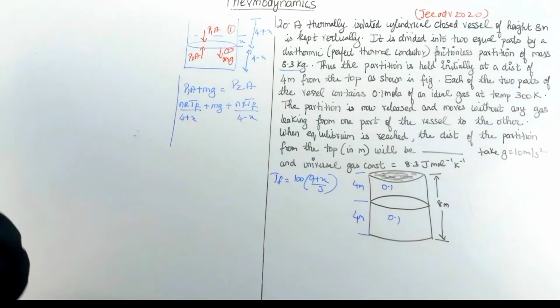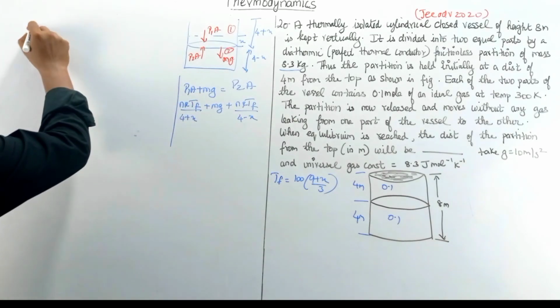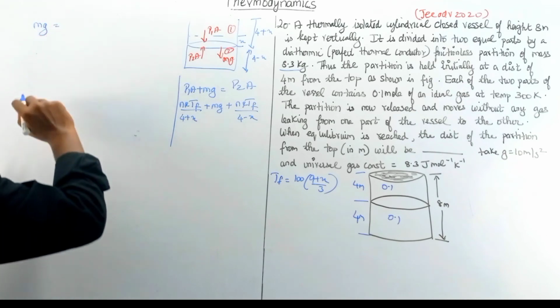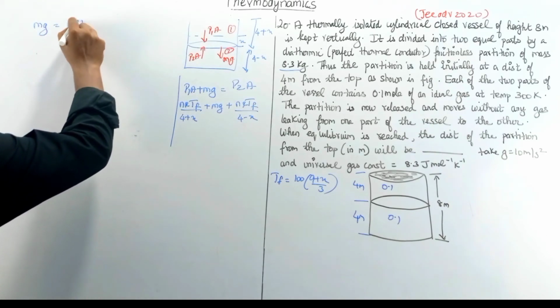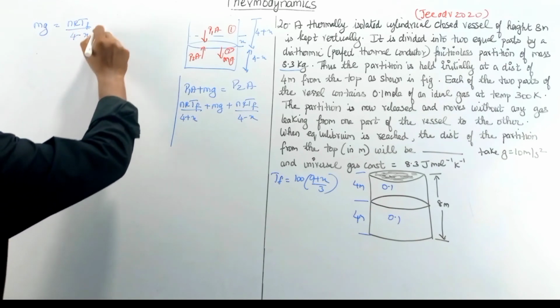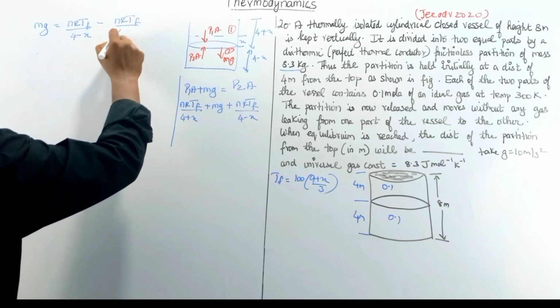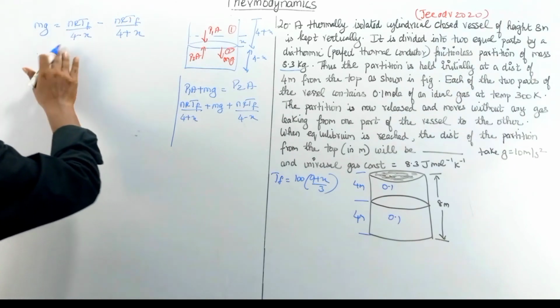So now we have to solve this. From this, mg could be written as nRTF by 4 minus x minus nRTF by 4 plus x.